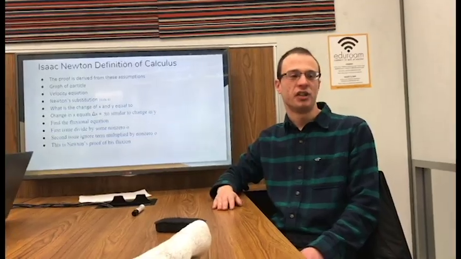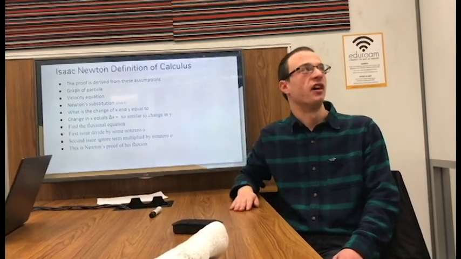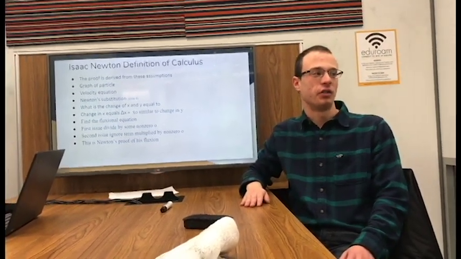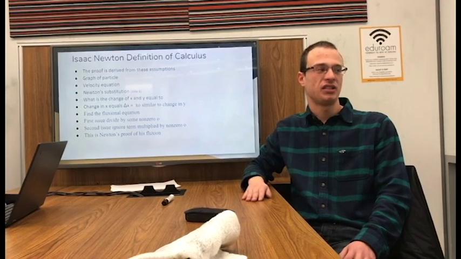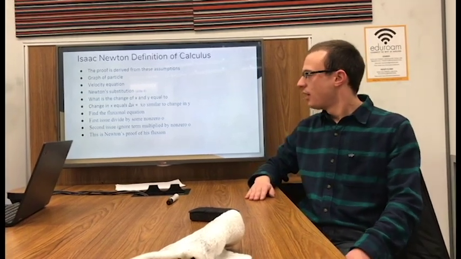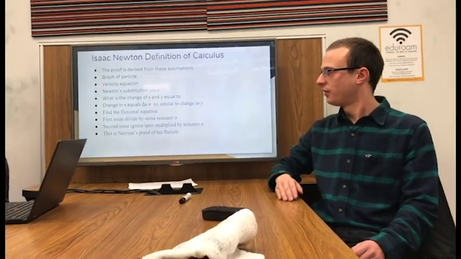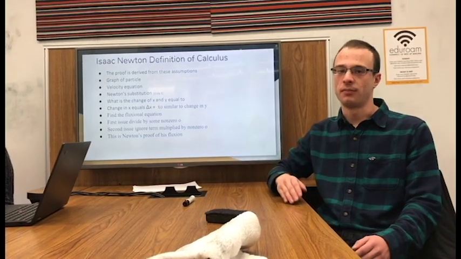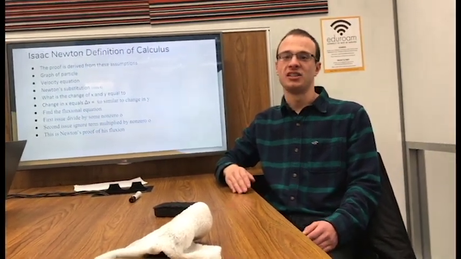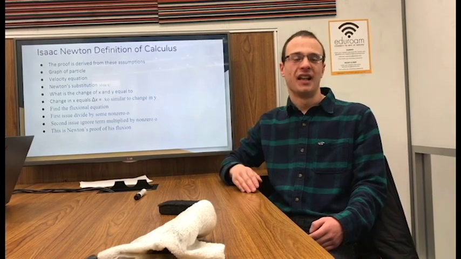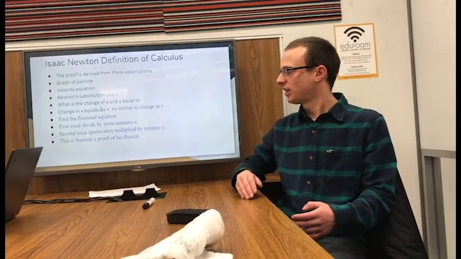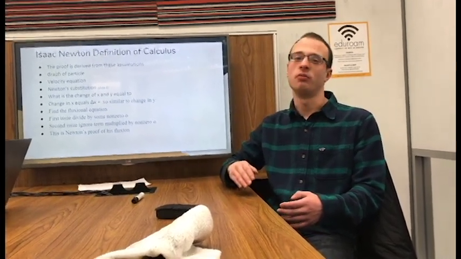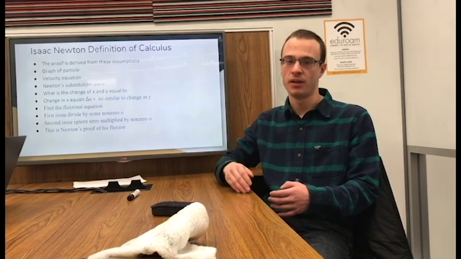So the fluxional equation we just found to the function 1/2 x squared is equal to y dot is equal to x dot. Alright, so the first issue that Newton saw was that we divided by some non-zero, and so that's okay to do, but then our second problem is that we ignore that term being multiplied by that non-zero number.